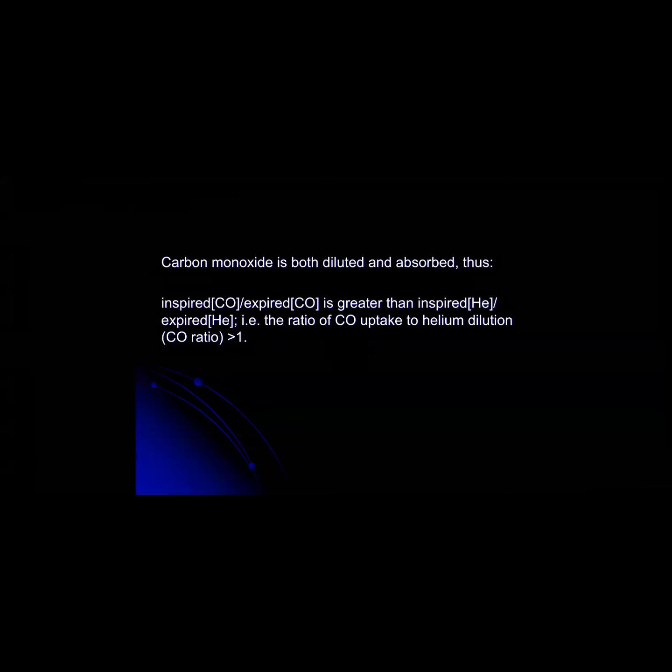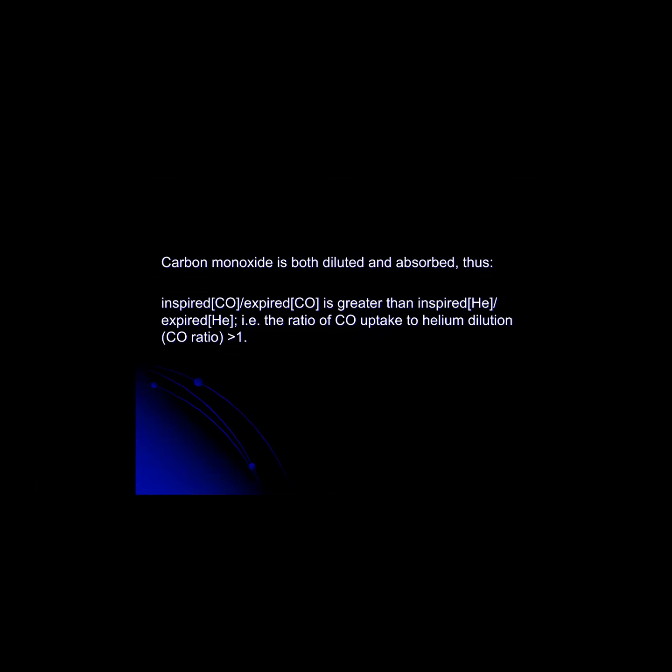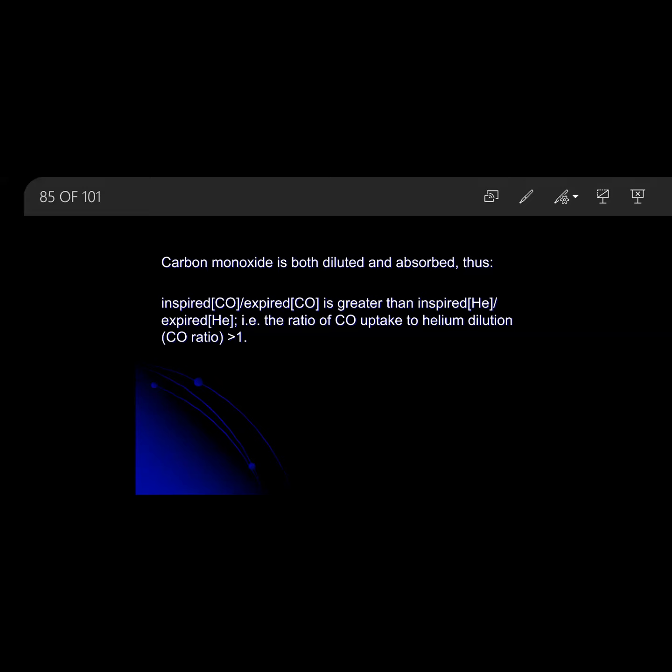So the amount of the inspired carbon monoxide is more than the expired carbon monoxide, and the amount of the inspired helium is the same as the expired helium. So the ratio of inspired carbon monoxide divided by expired carbon monoxide to the inspired helium divided by the expired helium is more than 1. So this is one of the means. By comparing it to helium, we can measure the diffusion of carbon monoxide.